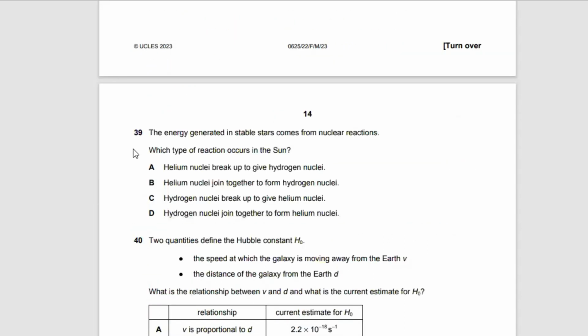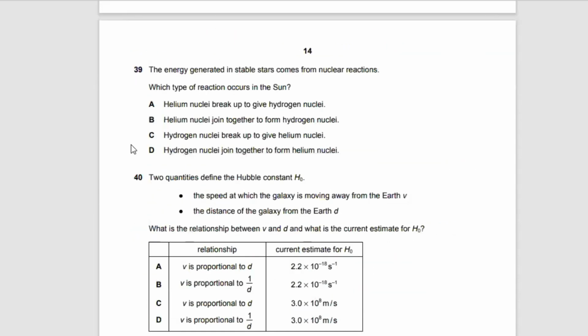Next is the energy generated in stable stars comes from nuclear reactions. Which type of reaction occurs in the sun? So energy generated in stable stars is due to nuclear fusion. Fusion happens when you combine lighter objects to get heavier elements.